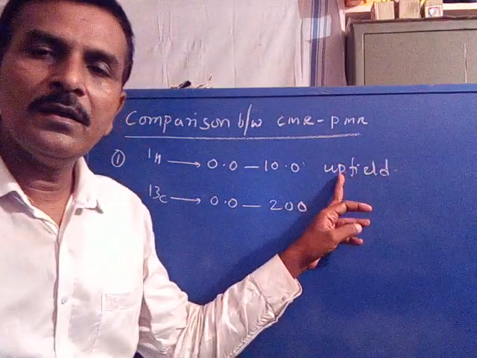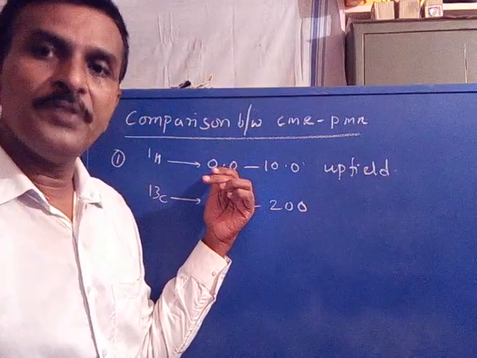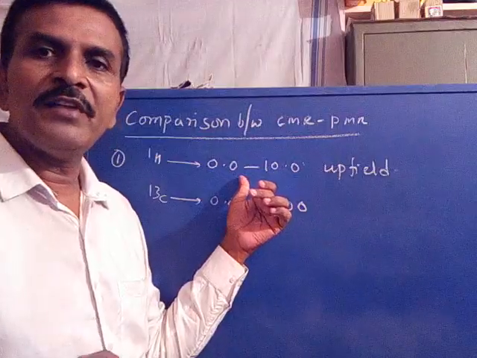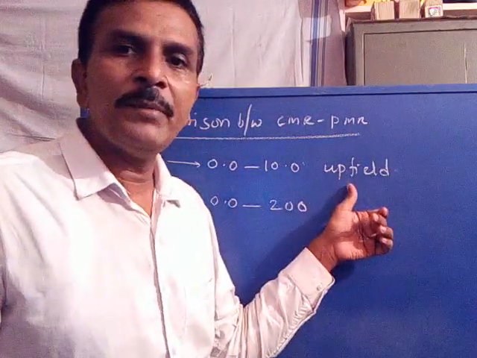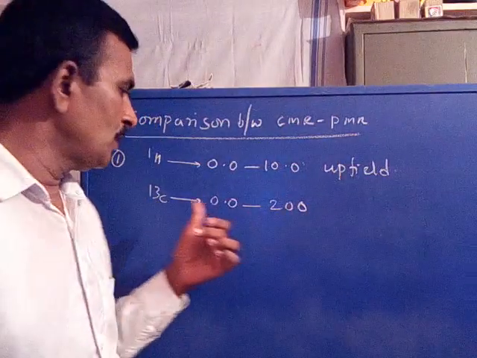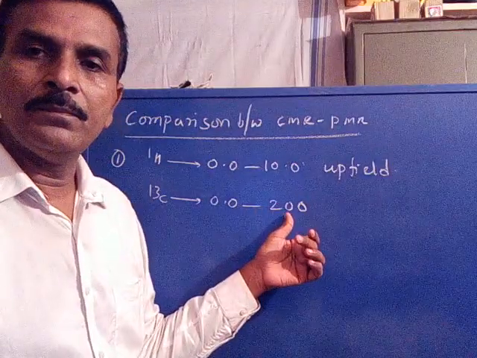Why is it upfield? As we know, the delta value is inversely proportional to absorption frequency. When the delta value is low, absorption frequency is more. When absorption frequency is more, the signals may be regarded as upfield signals. Now, carbon signals lie up to 200 ppm.